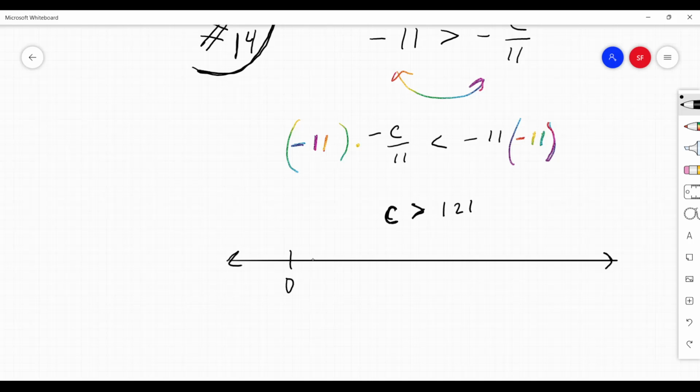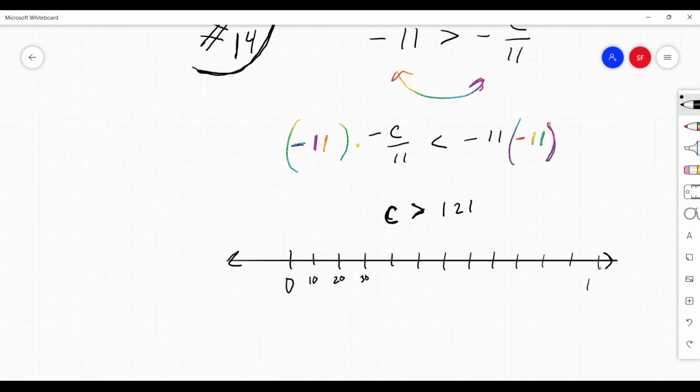So 10, 20, 30, 40, 50, 60, 70, 80, 90, 100, 110, 120, and then label a couple of them.